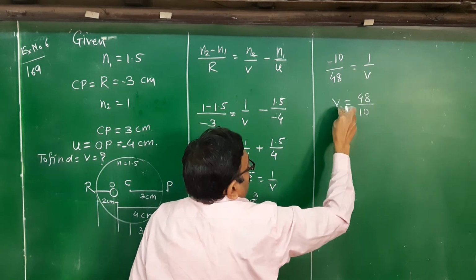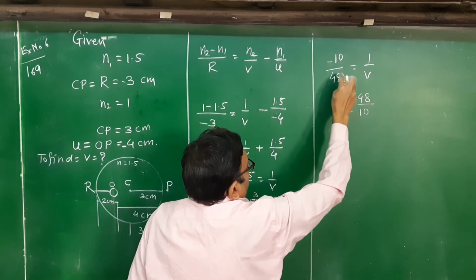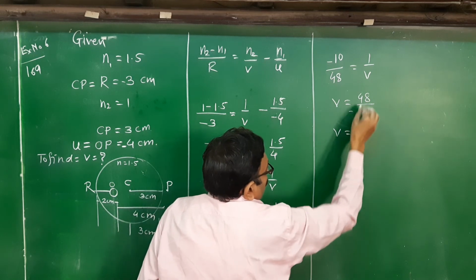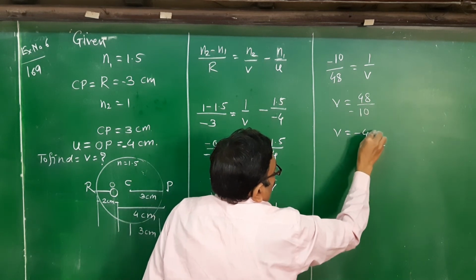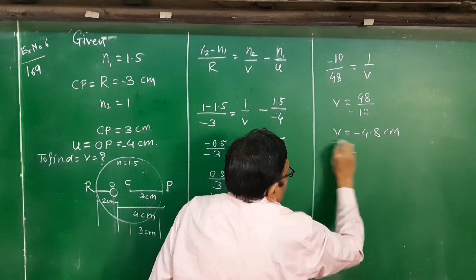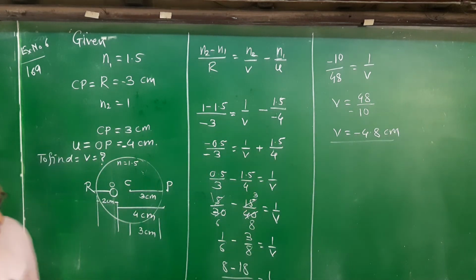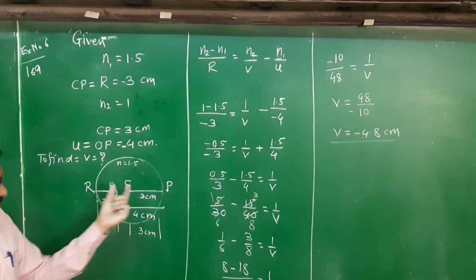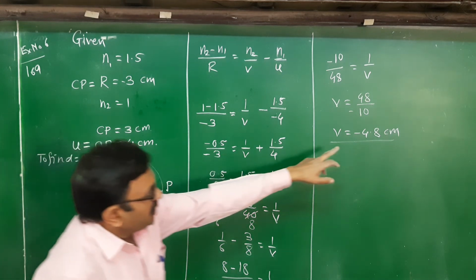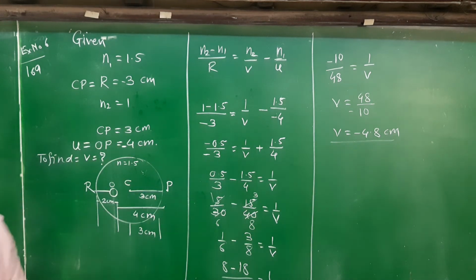In the next step we write v is equal to minus 4.8 centimeter. From this we say that the image of this air bubble from the other end will appear at minus 4.8 centimeter from the object.